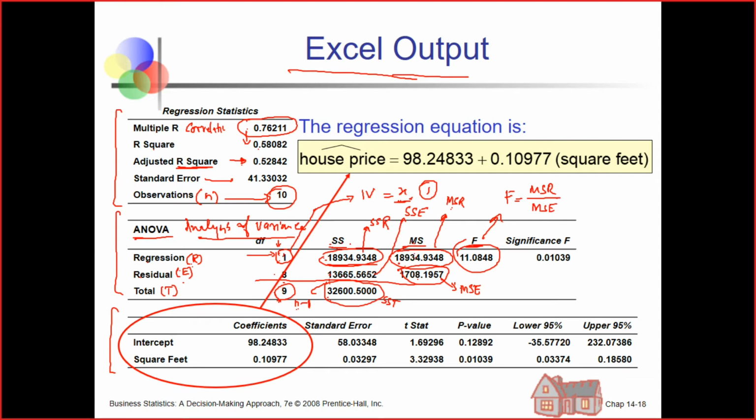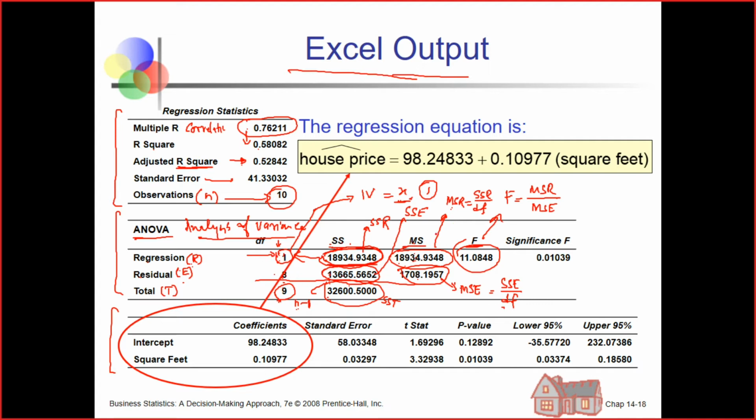MSR is equal to SSR divided by its degree of freedom. In the same way, MSE is equal to SSE divided by its degree of freedom. Here the degree of freedom is this number, and here it is this number.